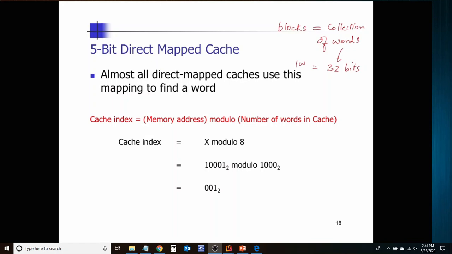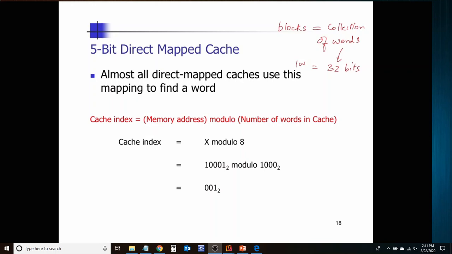So you could have this formula changed to a block memory address and number of blocks in cache. For now we are just focusing on one word per block, so we are going to be talking about word address and number of words.